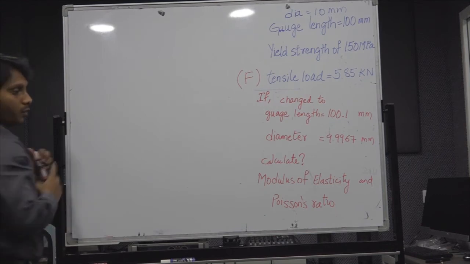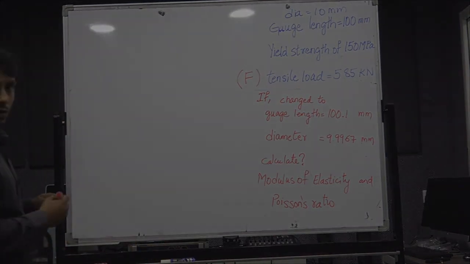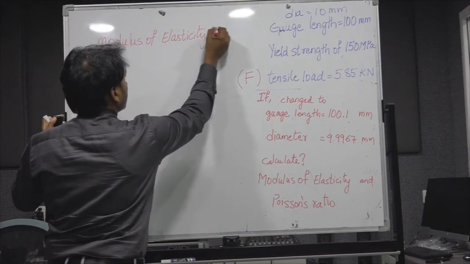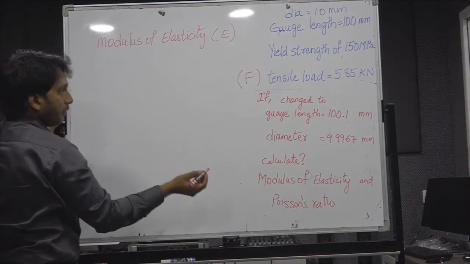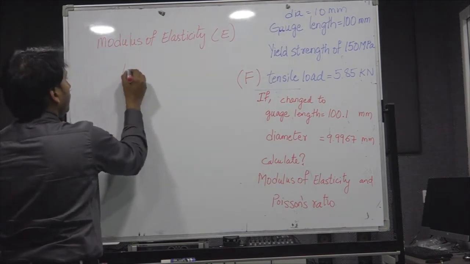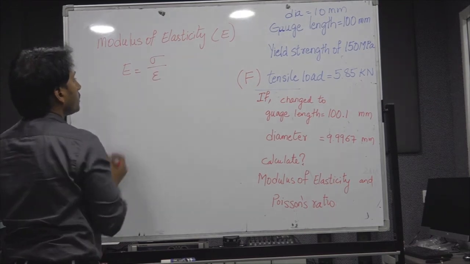So here what is the first thing we are supposed to determine? Modulus of elasticity. It is denoted by capital E. I have a formula, capital E is equal to normal stress by normal strain.